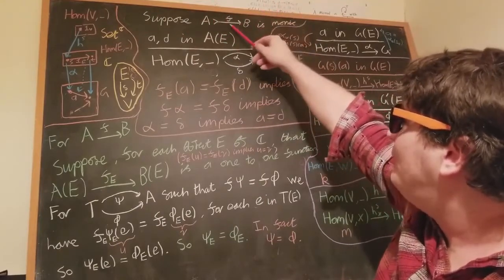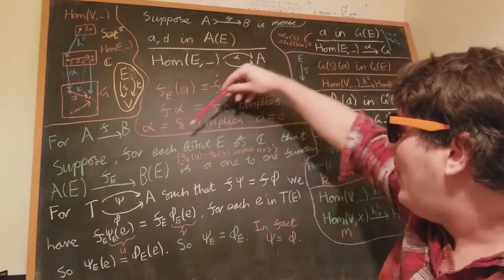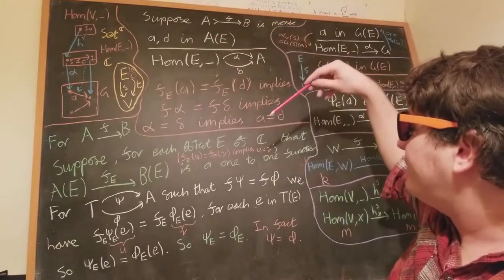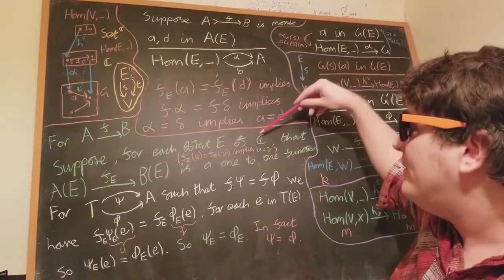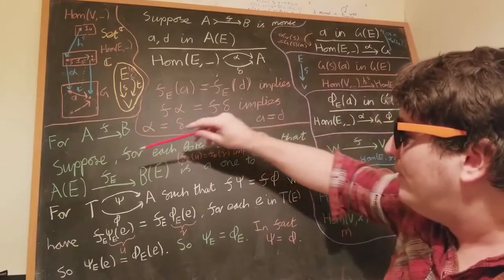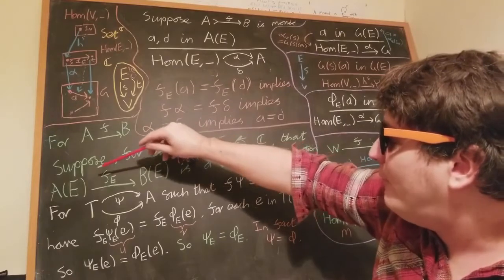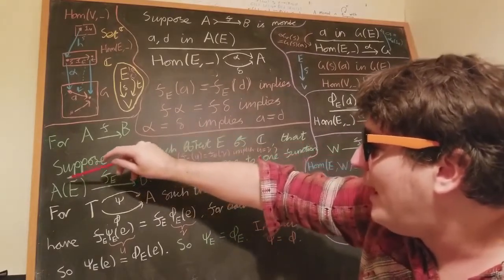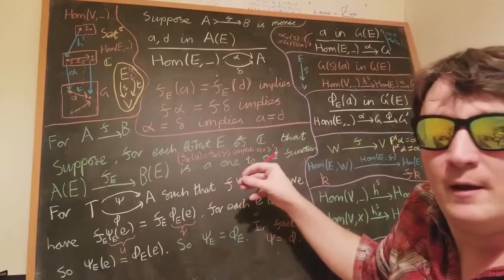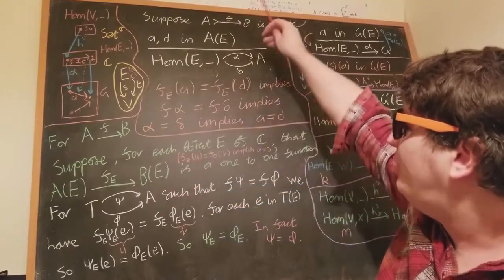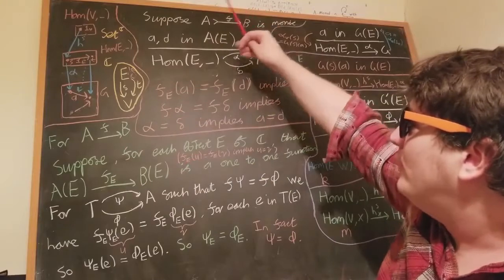And the thing I claim is equivalent to that is the statement that for each object E in this category C, we have that the E-th component of f, which is a function from A of E to B of E, is a one-to-one function. Okay, so I claim that these two statements are equivalent.